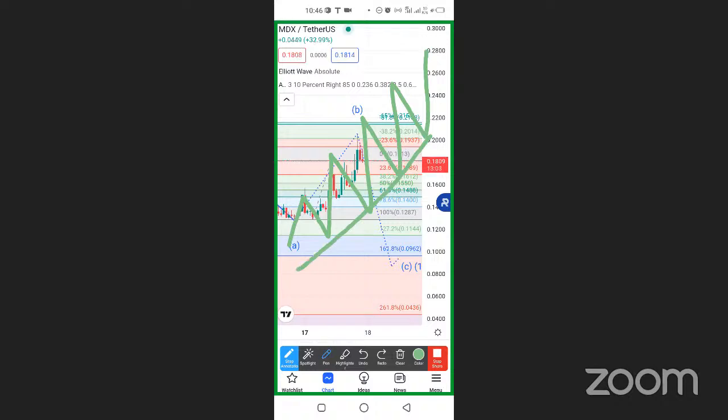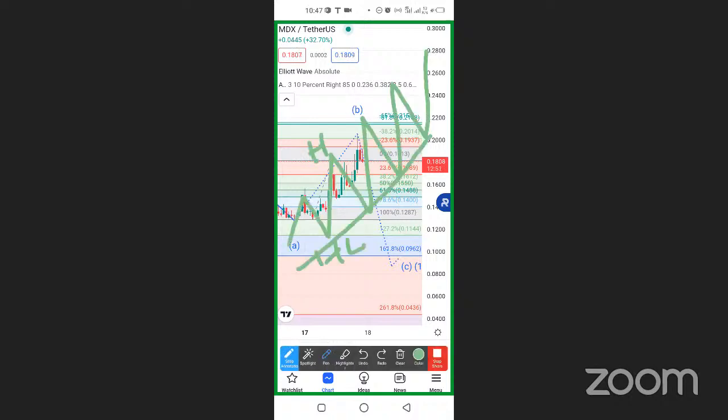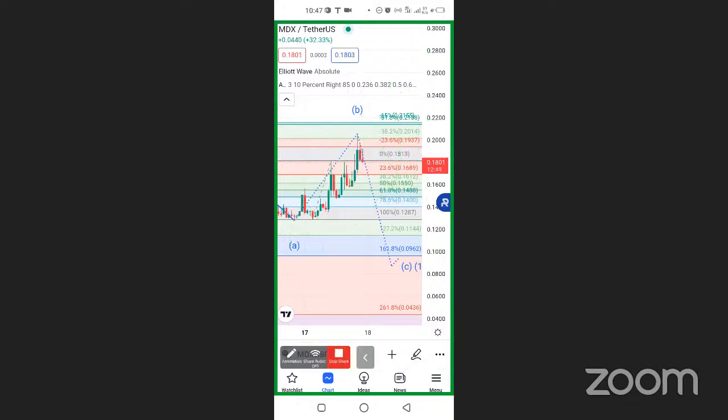Could be higher lows if we maybe are using the ABC, and higher highs, or higher lows and lower highs. It doesn't matter, but that would be the upward trend of the market. But you have seen that in the upward trend, the market moves up, moves down, moves up, moves down, moves up, but that is the sequence of the market. So it means that the market will always move up.